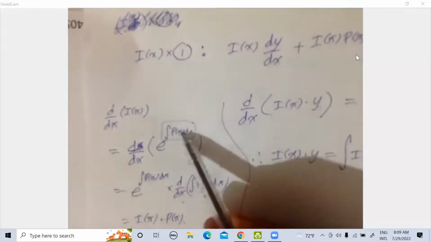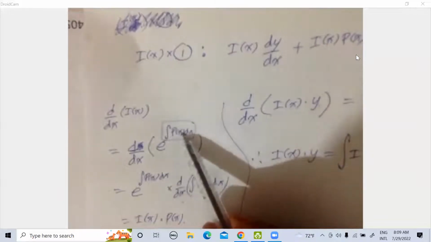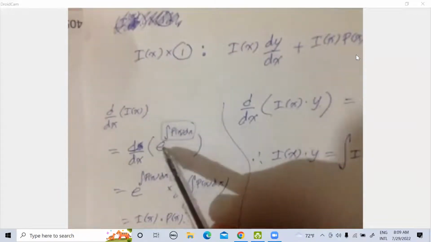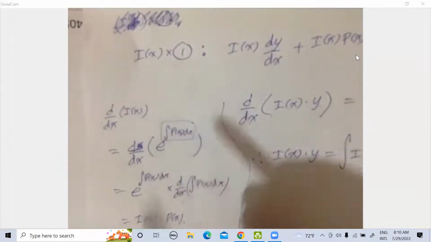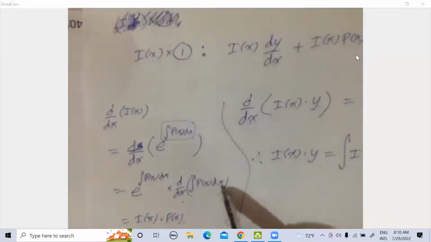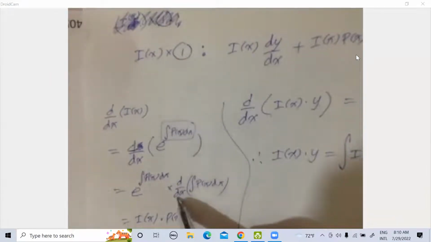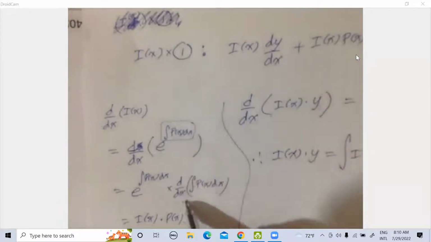If it had been e to the x, the answer is e to the x. Now this is e to something else, so the derivative is e to that multiplied by the derivative of this function, d over dx of the integral. Here, the derivative of an integral. These are the collection of all antiderivatives, so when you take the derivative, you get the function back, p(x).